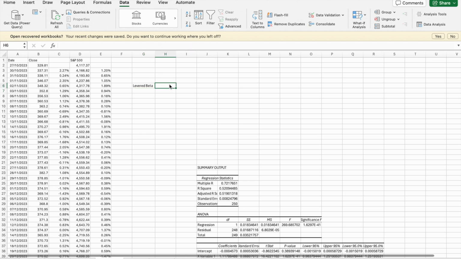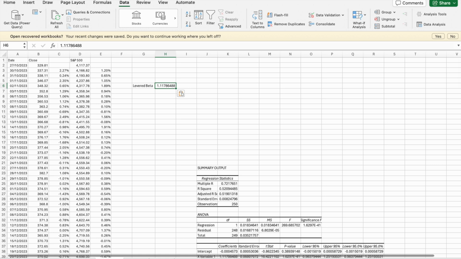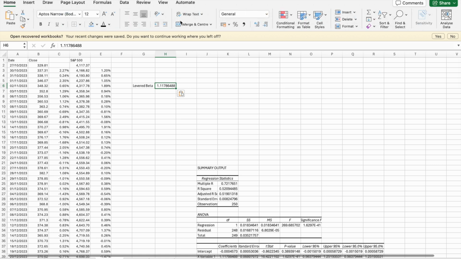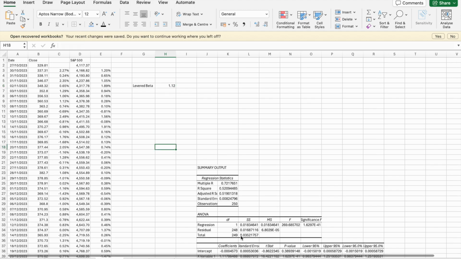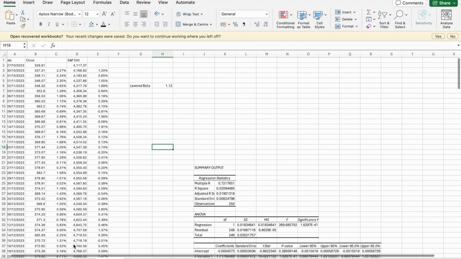Adjust the cell and then press it. Here you go. Just remove the decimal point, clear the cell border. That's it. So we are quite done.